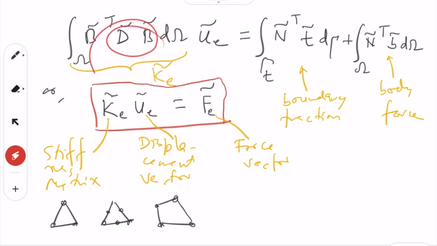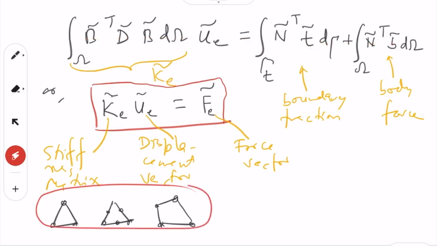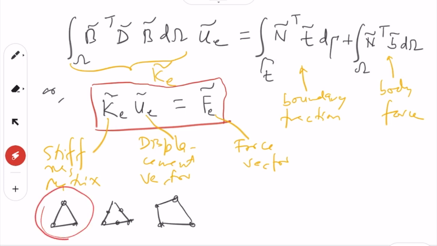Everything is already given here, so we just put in the different N and automatically we will get it. This is valid for all kinds of elements. We will now just customize this. In the next video lecture, we will take a 3 noded element as an example and see how the stiffness matrix looks, okay.